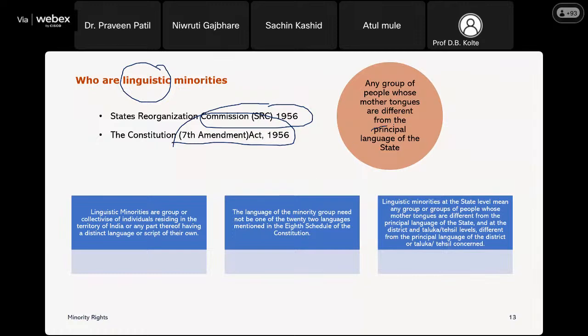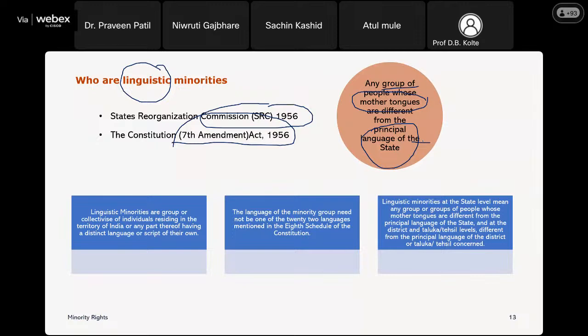If a principal language of a state, for example, in Maharashtra, we speak Marathi, Marathi is our principal language of the state. If there is any group in Maharashtra whose mother tongue is not Marathi, then such persons are considered as linguistic minorities in the state of Maharashtra.